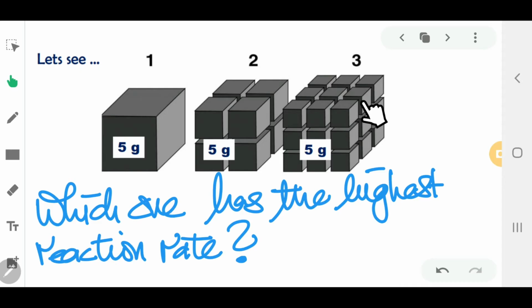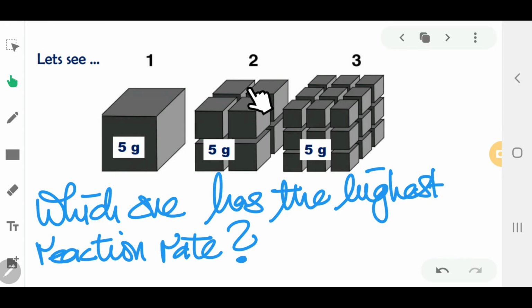Okay, first of all, you need to realize that conditions number 1, 2, and 3, all of them have the same mass, 5 grams, 5 grams, 5 grams. But the difference is, number 1, you have a single block of particle.